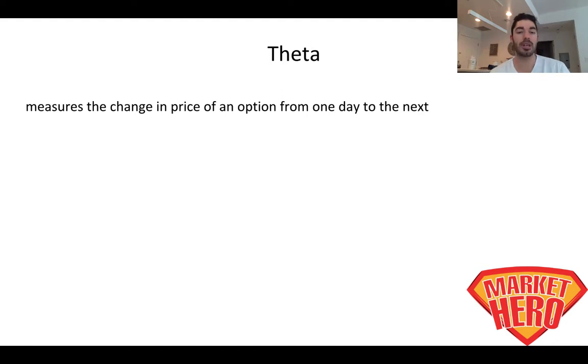Every single option, and options are synthetic shares of stock, has something called theta, which measures the change in price of an option from one day to the next. All options that are yet to expire have a component called theta. And theta is the value that is removed or extracted from an option every single day, no matter what.